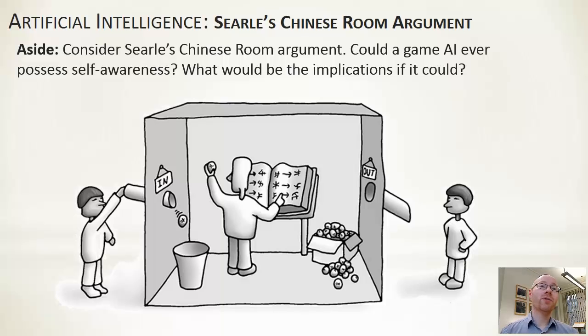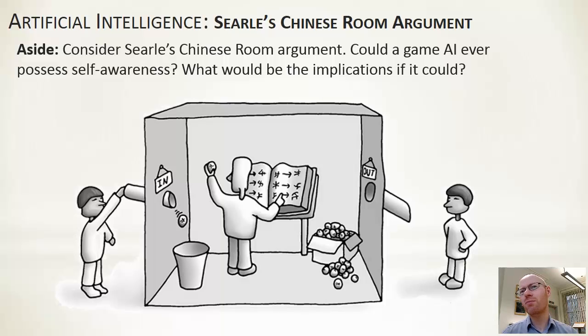There are lots of particularly interesting philosophical or moral or ethical questions that sit around this area, and one is about Searle's Chinese room argument. A lot of this is about, well, what happens if game AIs keep improving and become more capable and more impressive? Could they ever improve to the point where they become self-aware? Could you have entities within a game that are self-aware?